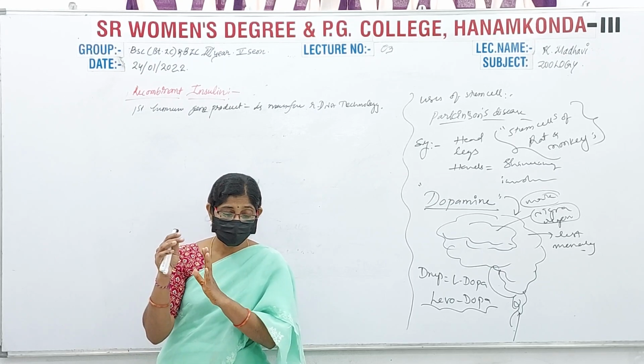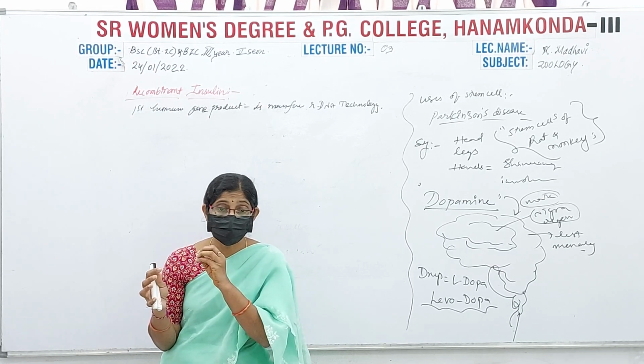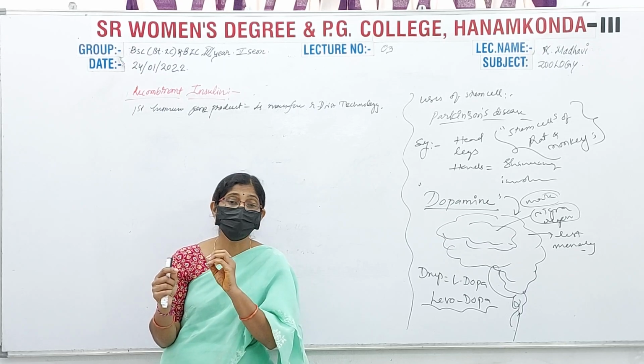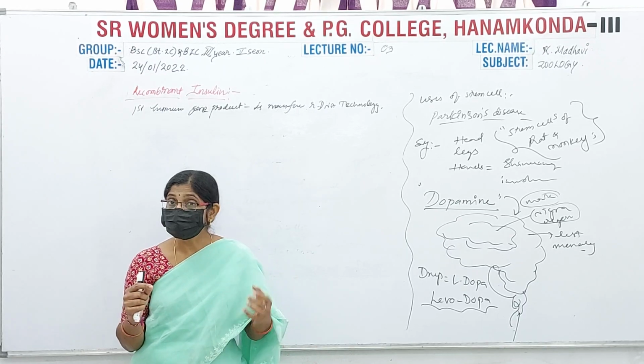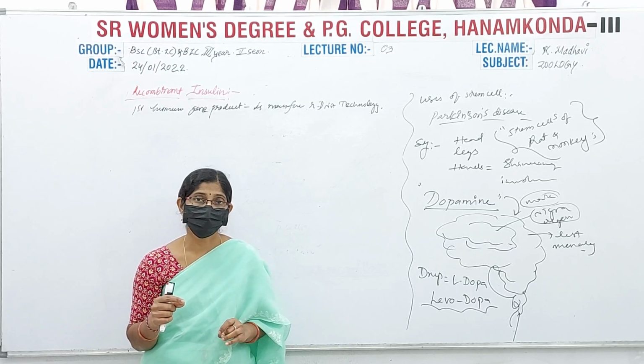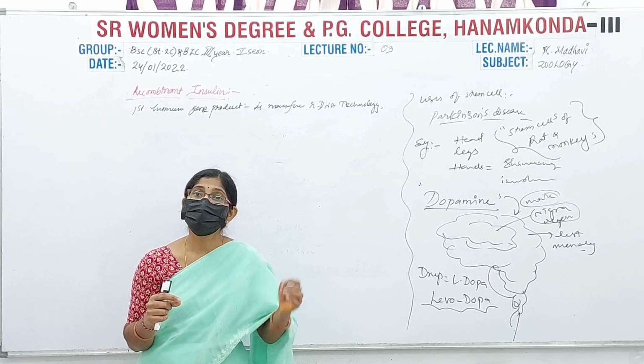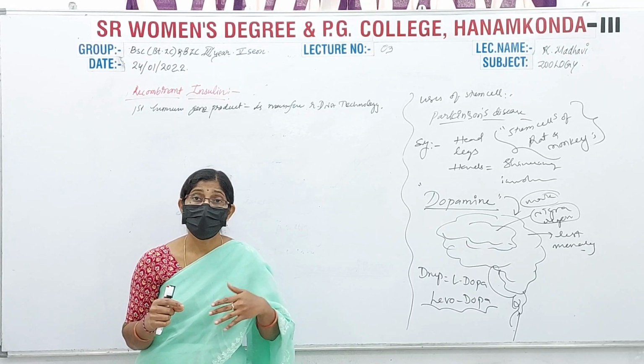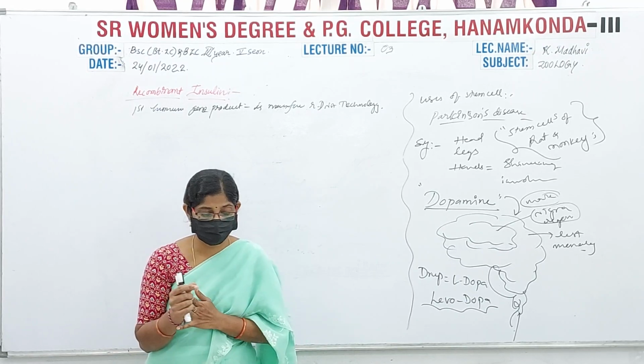Insulin is a hypoglycemic hormone, reducing the blood glucose level. Hypo means reducing, hyper means increasing.